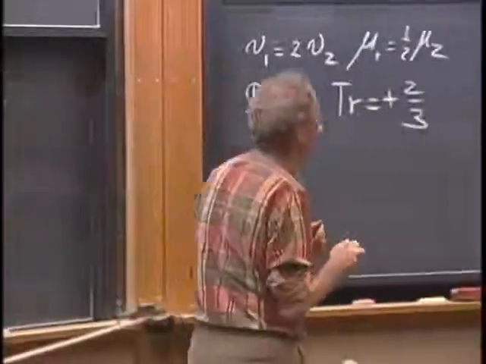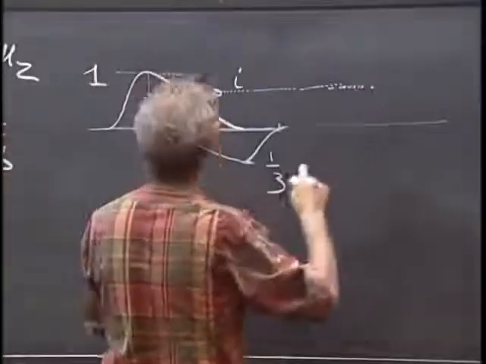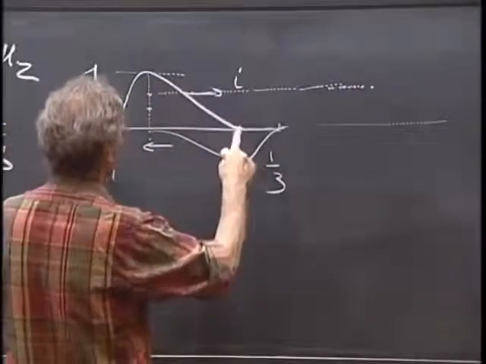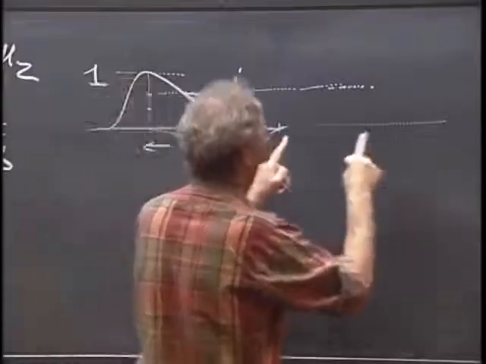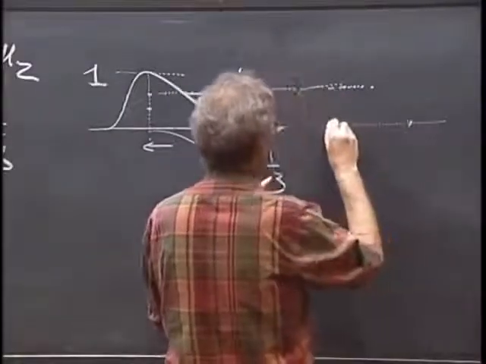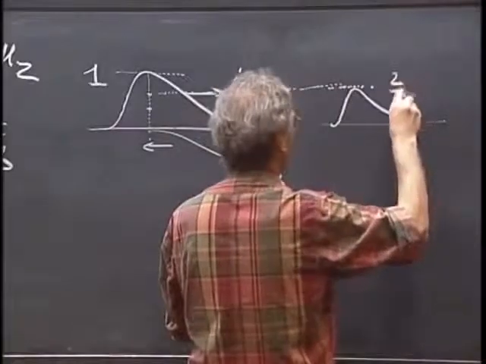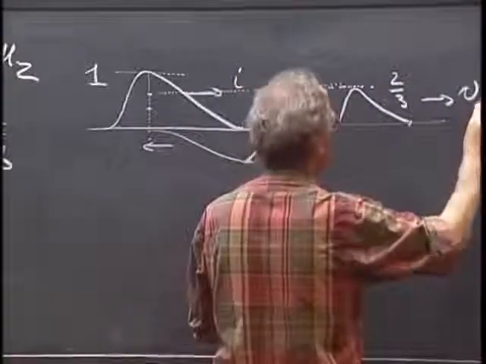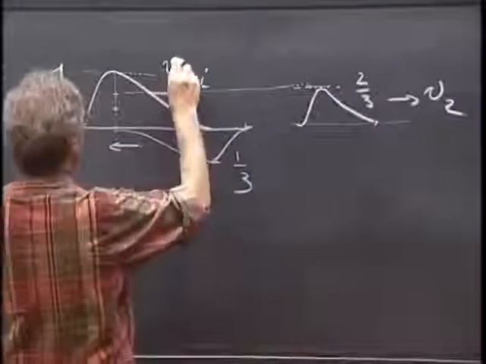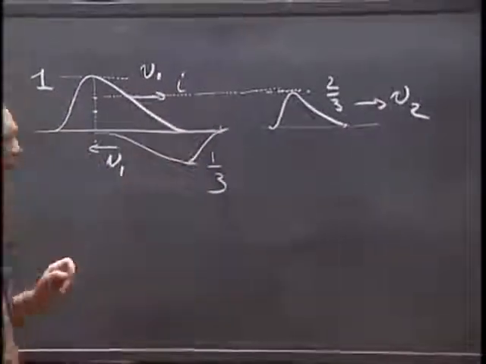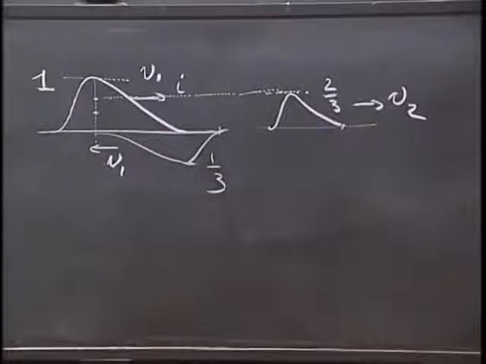And so not only will the amplitude be 2/3 of the incident one, but this length will only be half. And so you will see this. And this is now 2/3. And this is moving with velocity v2. This is moving with velocity v1, and this is moving with velocity v2. So that's the meaning of R and TR.